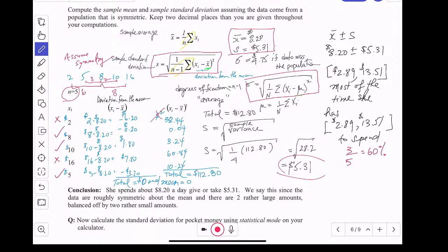So most of the time is like the majority, right? 60% of the observations fall in one standard deviation. So we can do this because the data is assumed symmetric, so we can add and subtract from both sides. How many observations are within 2 standard deviations?